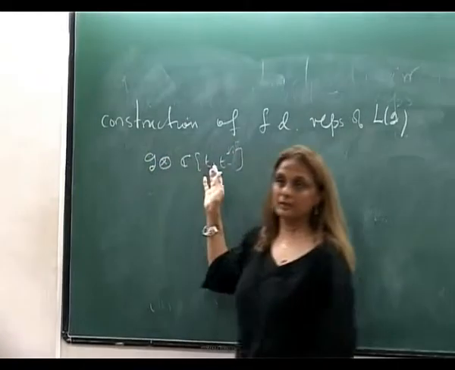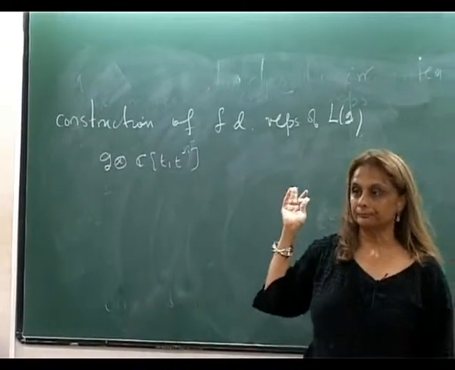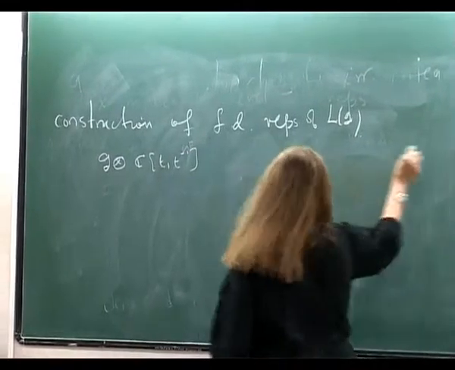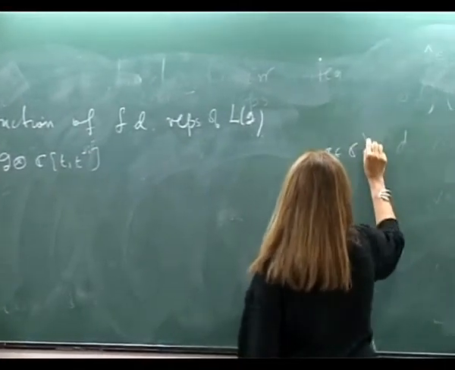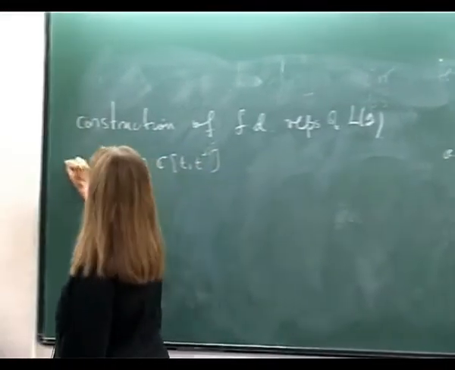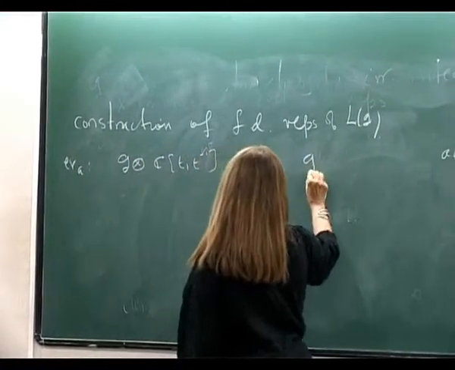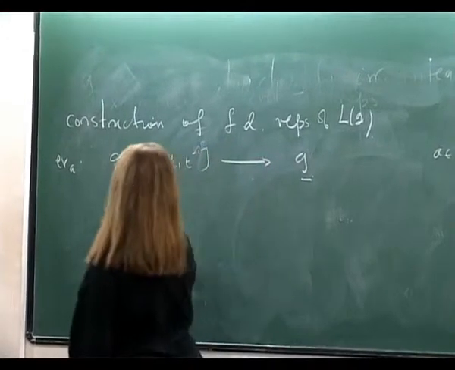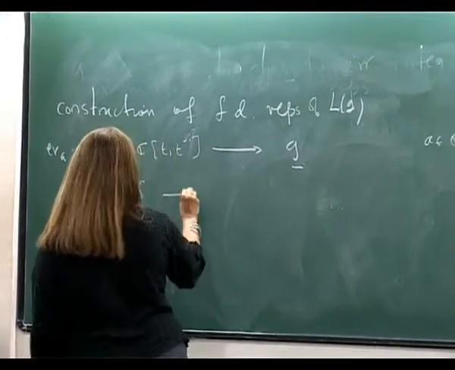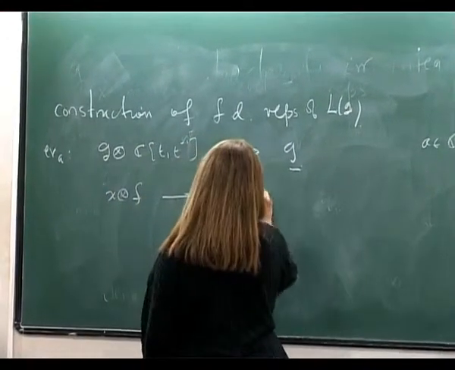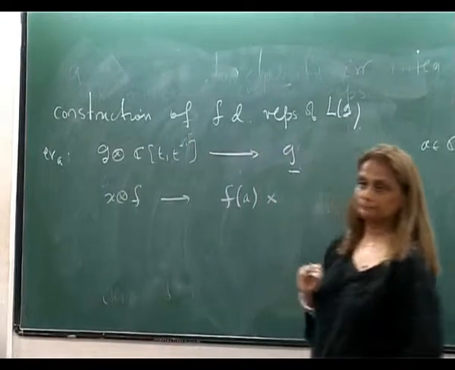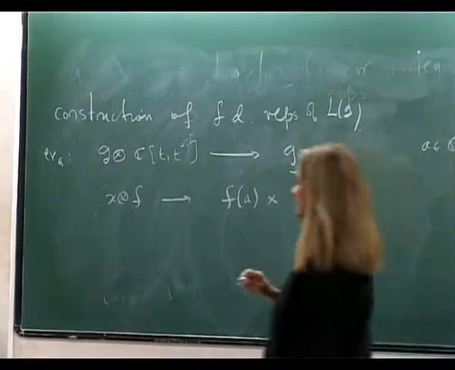Once you have a polynomial, you can evaluate it at some point, right? So supposing I take a in C star, I can look at the evaluation map at a, and I go down to G. So this is X tensor f going to f(a)X. Right? This is a homomorphism of Lie algebras.